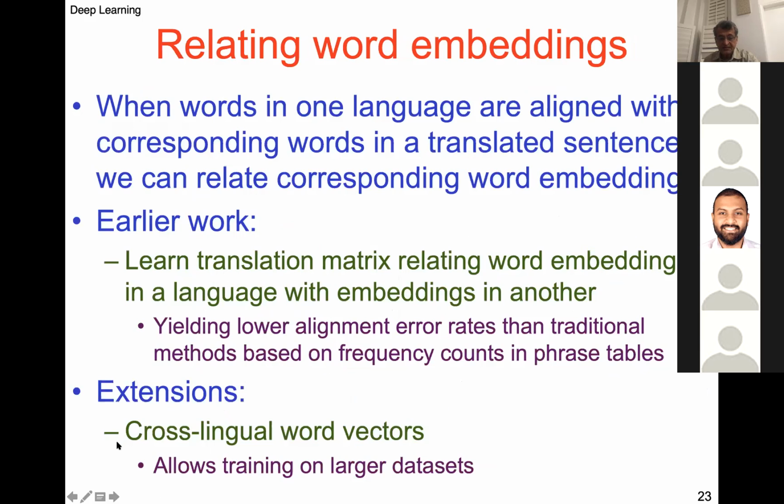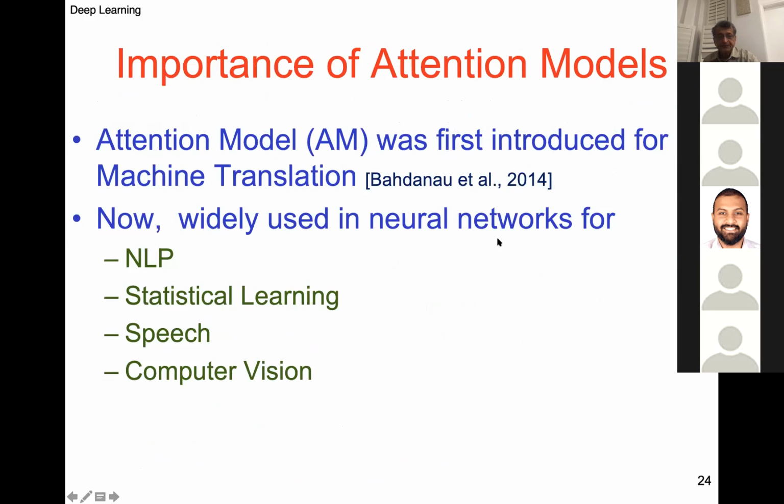So this would be the same number of words and so on, with extensions on cross-lingual word vectors. So there's been a lot of water that has flowed under the bridge here. Machine translation is one of the oldest topics in computer science, with people wanting to translate Russian to English and so on.